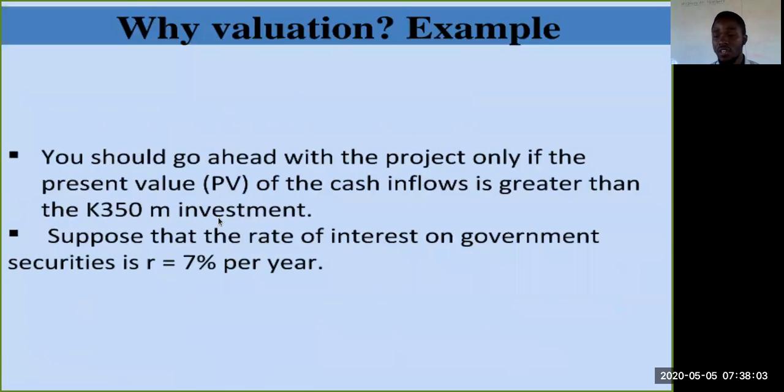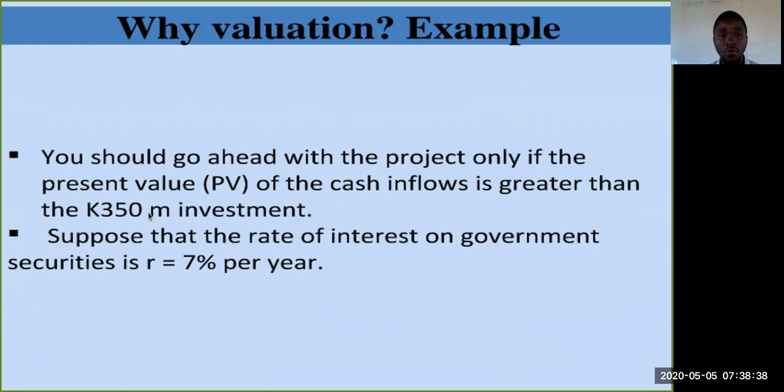Like I was saying, if you want to compare two values, you have to make sure that those values are in the same terms: present value against present value, or future value against future value. That is how you can compare. This 350 was the cost, and the 400 million kwacha was the revenue if that office block was to be sold.